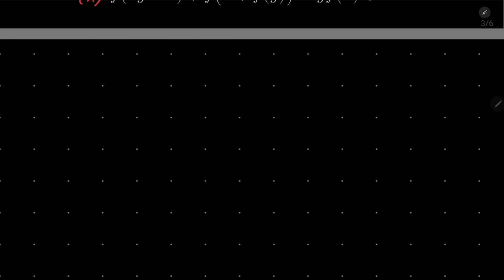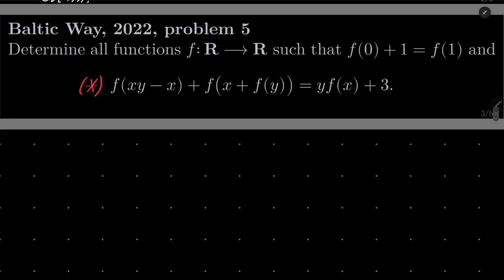Okay, so here is my solution. As I suggested, let's first set x to be 0. What do we get?